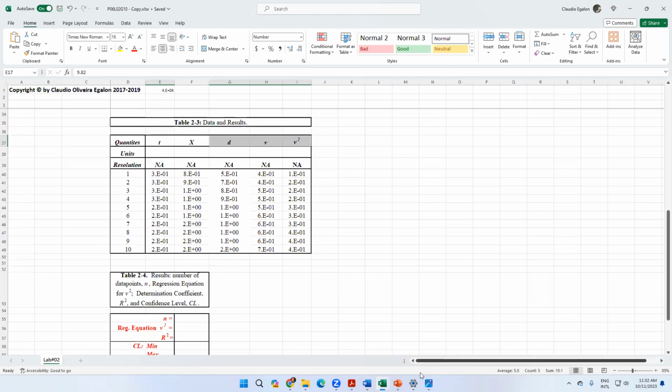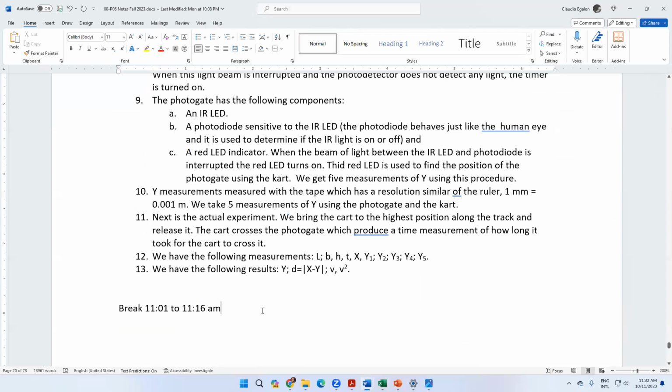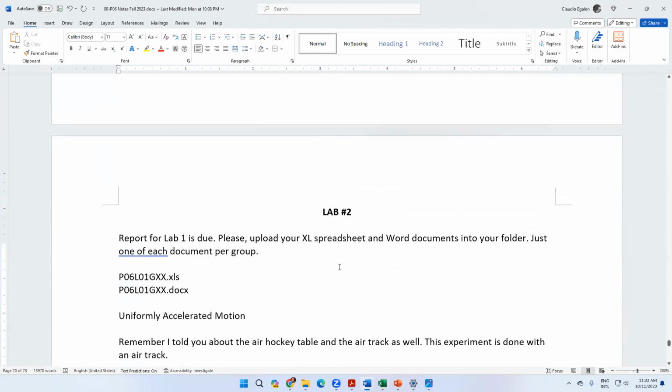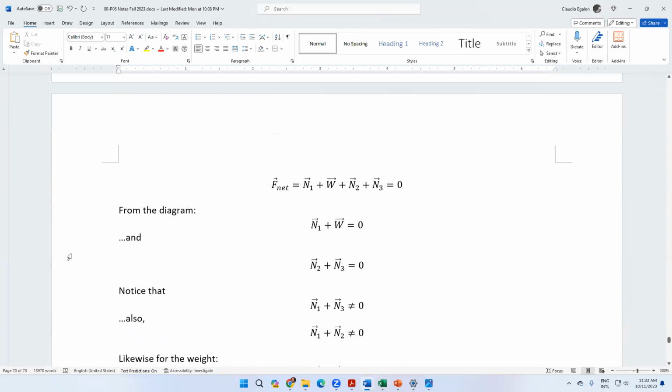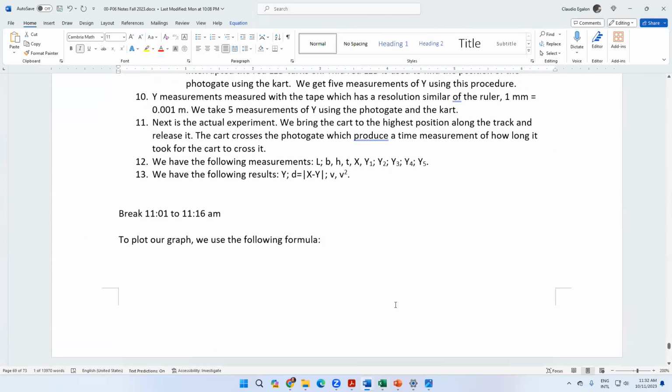And now that I have all this data, including the results, we are going to use the following formula to plot our graph. We use the following formula that we saw in the lecture.